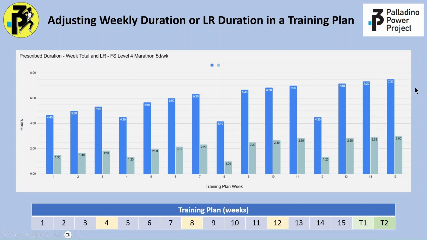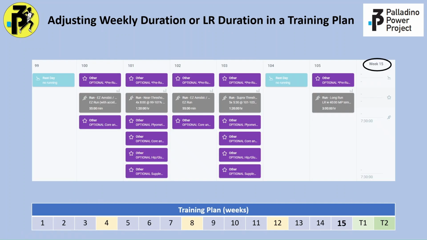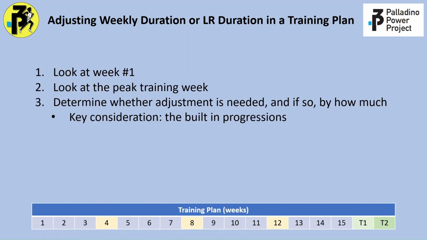See the progressions that are built into the plan, both for the overall weekly volume, which is the blue, and the grayish is the long run. There are progressions involved, and the progressions are the key. You want to consider the built-in progressions, or put them in so they're progressing at a safe level.